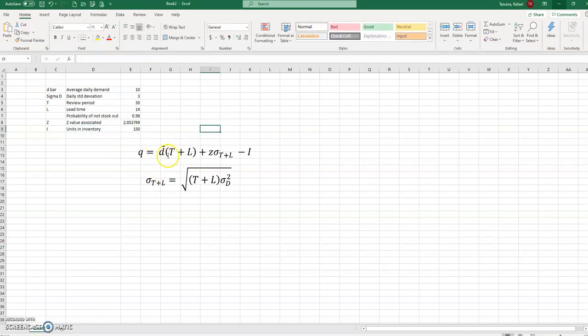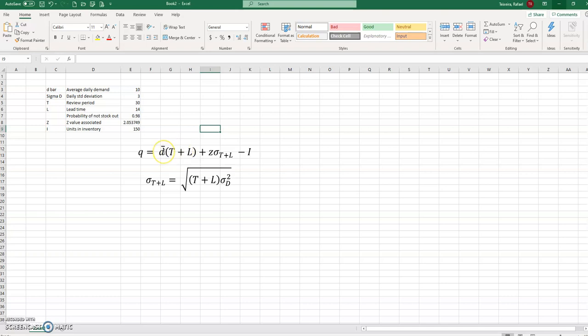So this is the formula to compute the quantity that I have to order next time. The quantity depends on my average daily demand times how long it takes to place an order, the review period, plus the lead time to get the units.